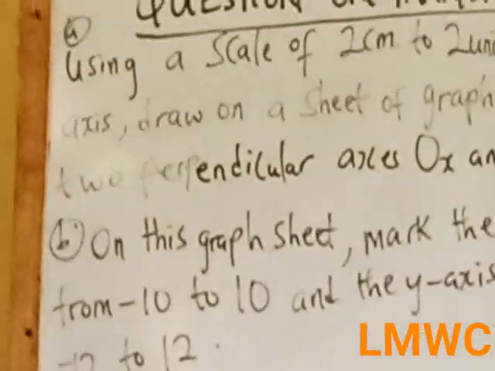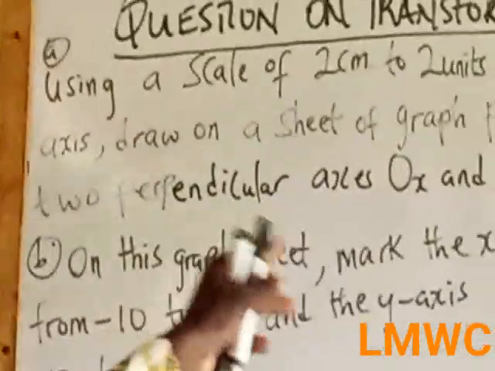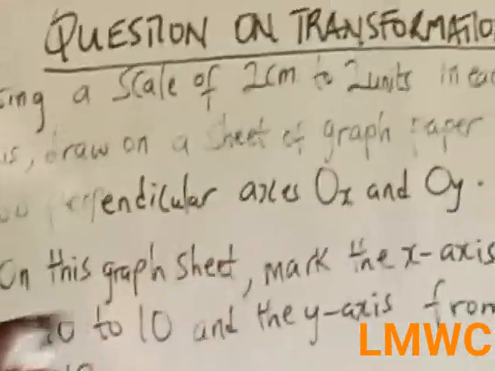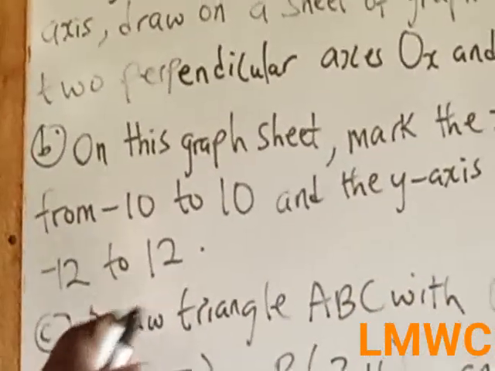Now let's read it. Using a scale of 2 centimeters to 2 units in each axis, draw on a sheet of graph paper two perpendicular axes, OX and OY. On this graph sheet, mark the x-axis from negative 10 to 10 and the y-axis from negative 12 to 12.